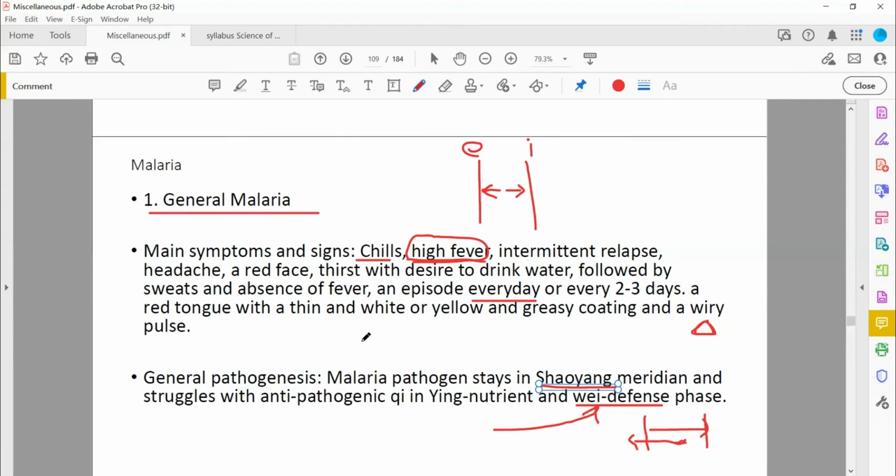And malaria is one of the Shaoyang syndromes, or the half syndrome. So that's why it's alternating chills and fever and wiry pulse. Right, Shaoyang, that's the gallbladder. Think about the gallbladder, wiry pulse.